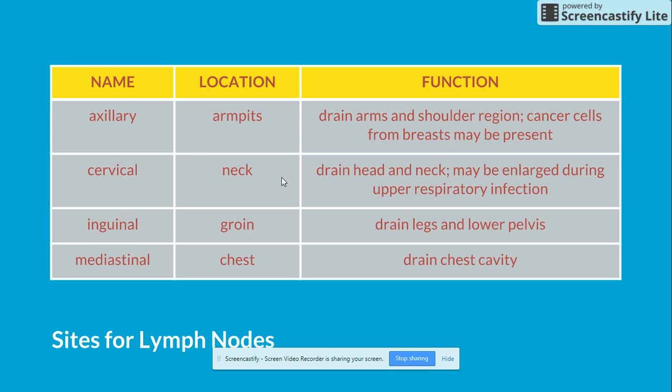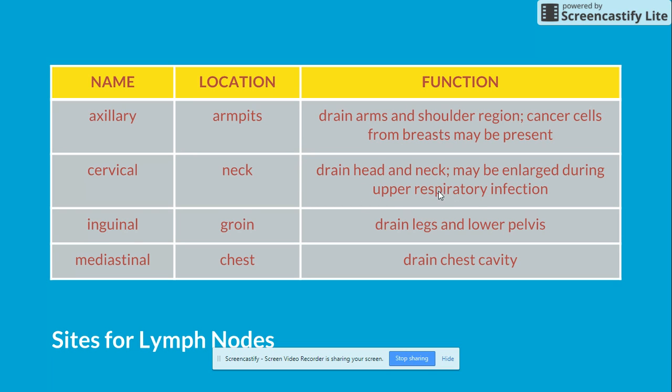So when you go to the doctor and they look down your throat or something, and then the doctor puts their hands on your neck and is kind of feeling around, they're usually feeling for these cervical lymph nodes, and it'll let you know if there's an infection somewhere in that area.